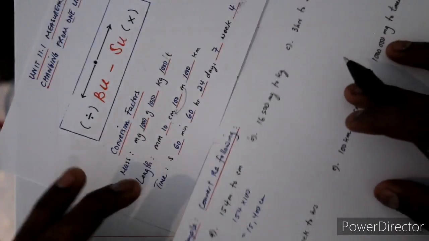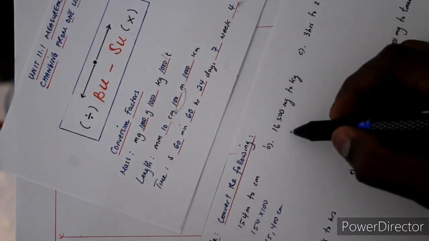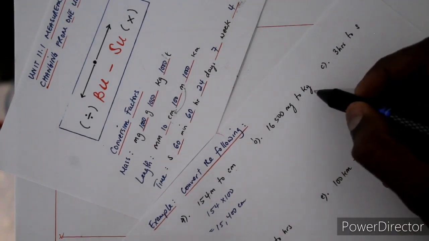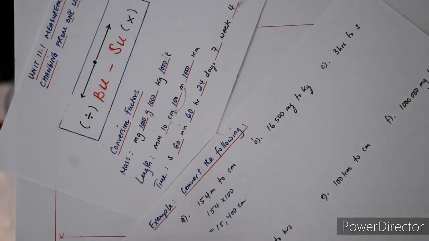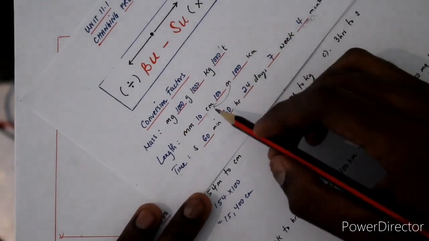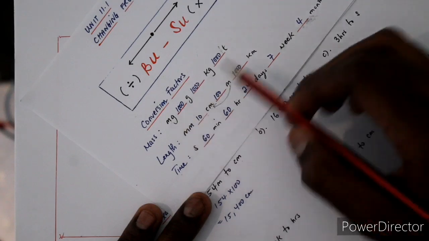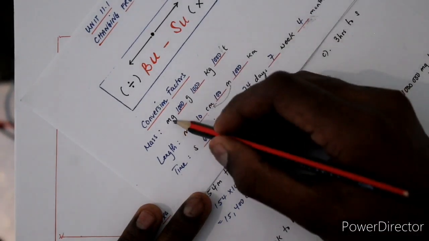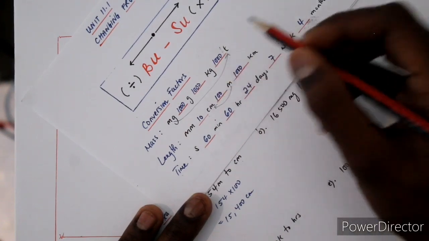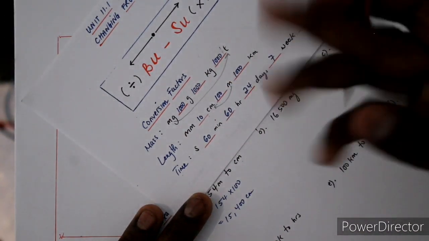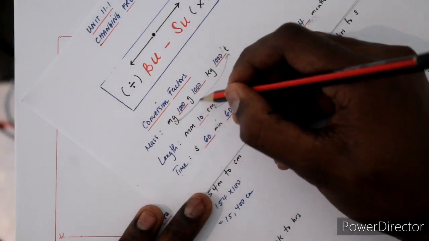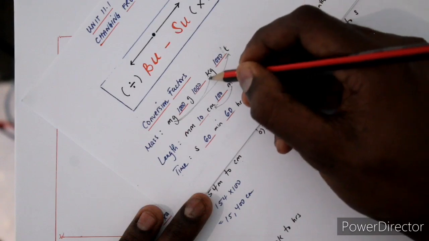Let's move to the second one there. The second one we have is 16,500 milligrams to kilograms. Milligrams to kilograms. You draw a line from milligrams and then point it up to, not tons, sorry, kilograms.